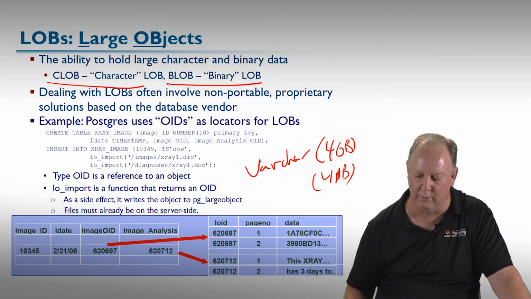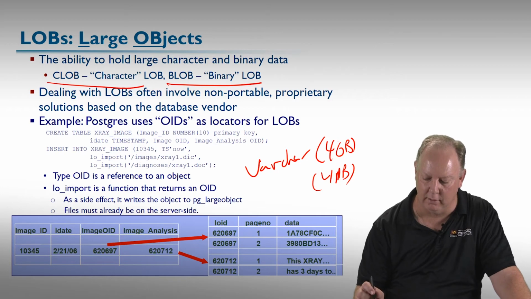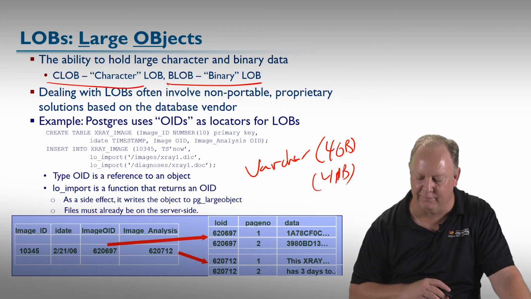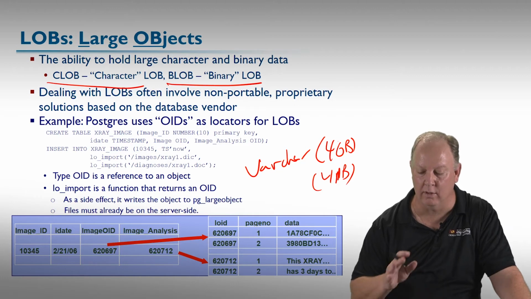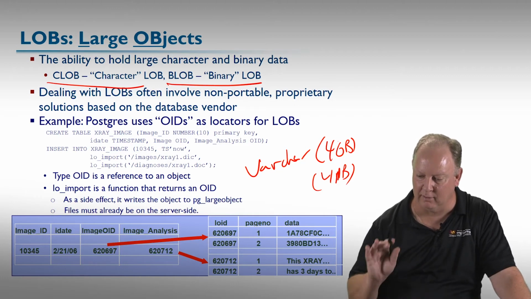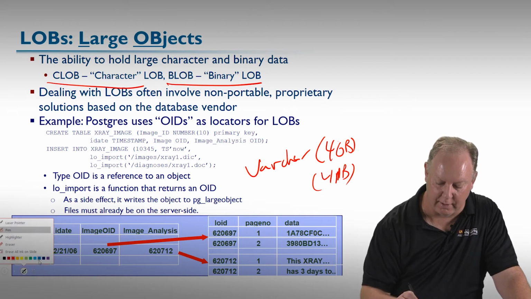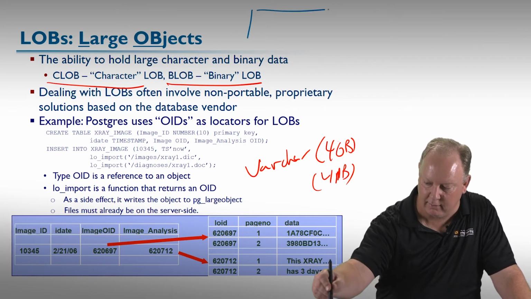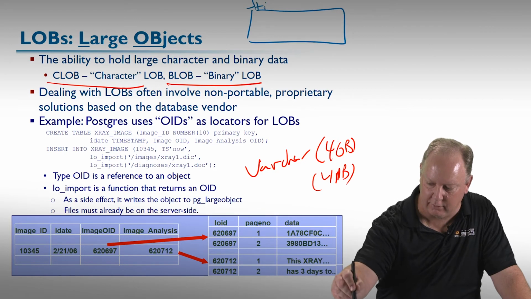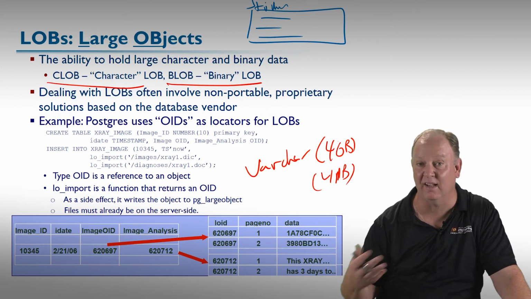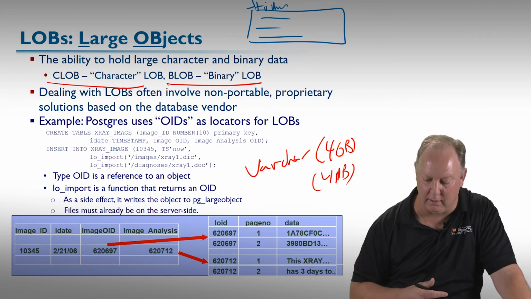Typically, what a large object would do is kind of have a pointer. This is an example using Postgres, which uses an OID, an object identifier, that would locate where the LOBs are stored. What that means is, as opposed to the fixed record object that I was just talking about a few minutes ago, this thing over here for student, those rows are all stored in line, because they have a meaning consecutively on physical storage is what I mean by in line.